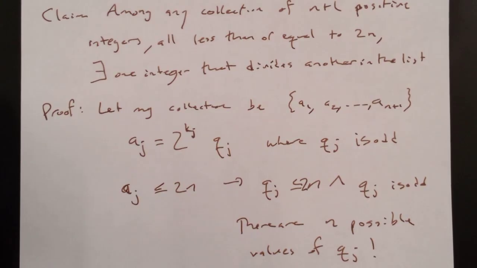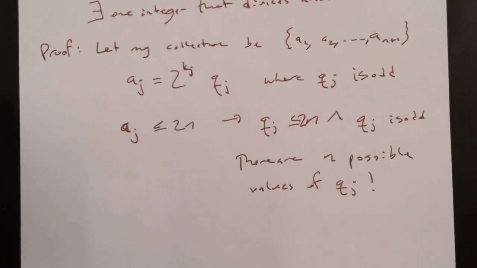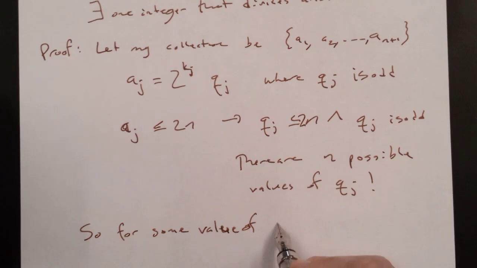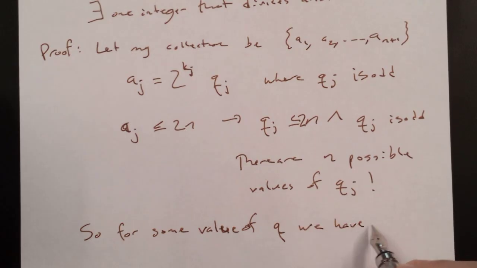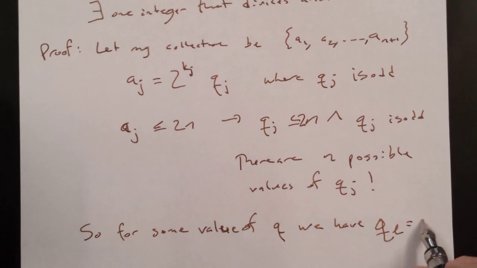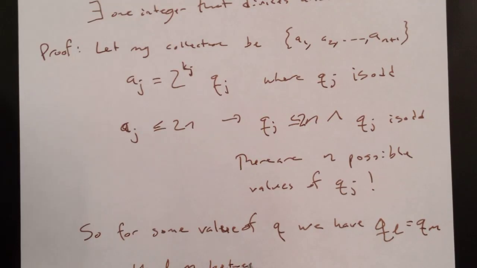I want you to line up the A's by which Q they contain. So for some value of Q, we have QL equals QM, with L and M between 1 and n plus 1.